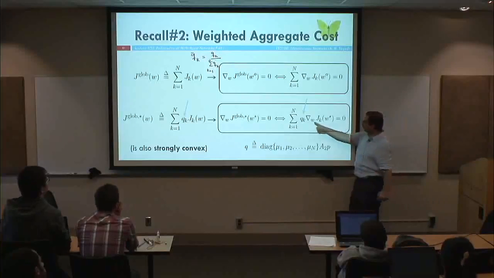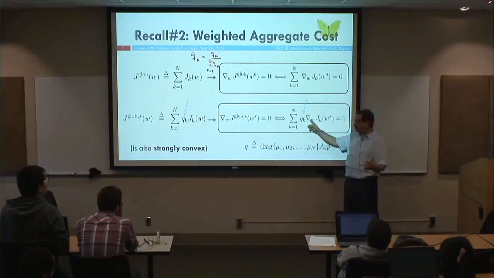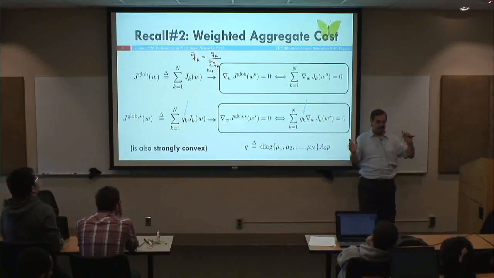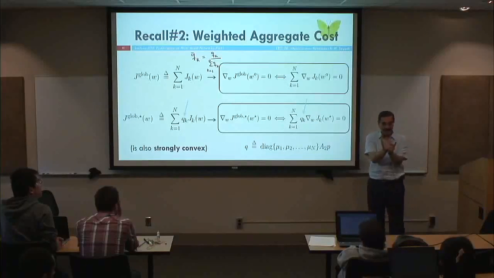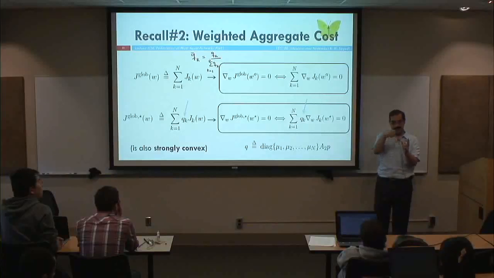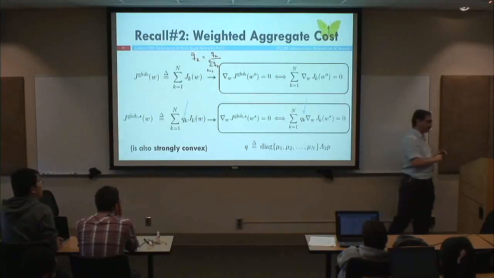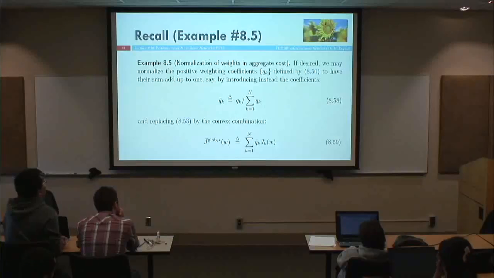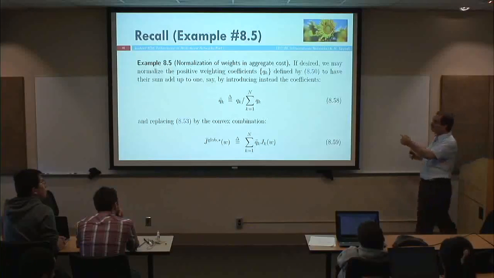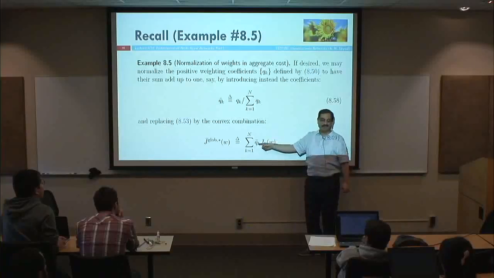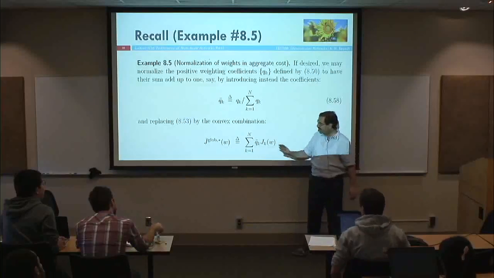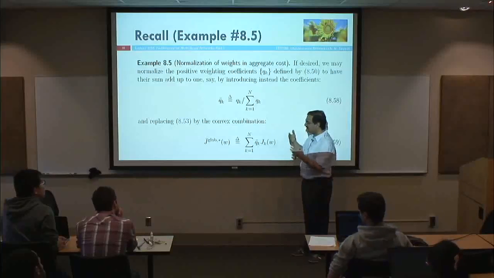If I divide each one of them by the sum of all and replace this by a Q bar, the minimum does not change. But the advantage is that these Q bars now add up to 1, correct? So why am I doing this? Because I'm going to use this normalized definition to define the excess risk, and you're going to see why very soon.